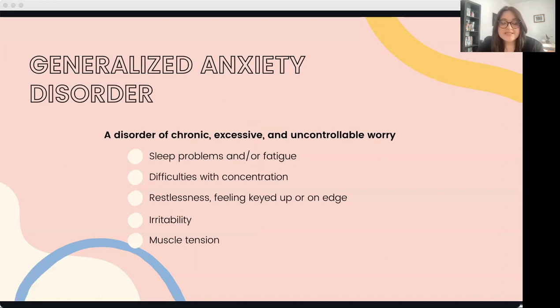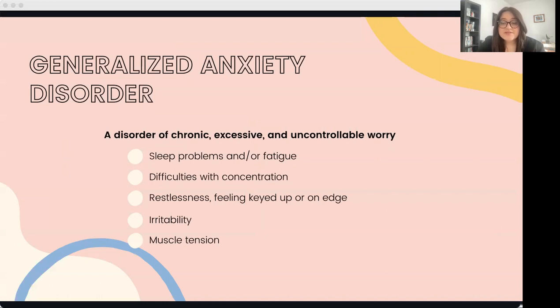So generalized anxiety is often accompanied by a host of other symptoms, including sleep problems or fatigue. Individuals with GAD often report a really hard time falling asleep or even staying asleep just because they're constantly worrying in their mind. And because it's physically and cognitively exhausting to constantly worry, it's not unusual for people with generalized anxiety to also report fatigue.